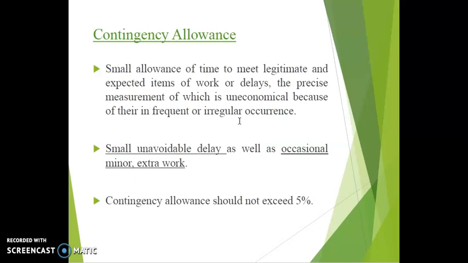Some examples are tool breakage, involving the removal of the tool from the holder and all other activities to insert a new tool into the tool holder. Sometimes there is a power failure. Usually this contingency allowance should not exceed 5%. So these are the allowances that we should consider for setting the standard time. Thank you for watching the video.